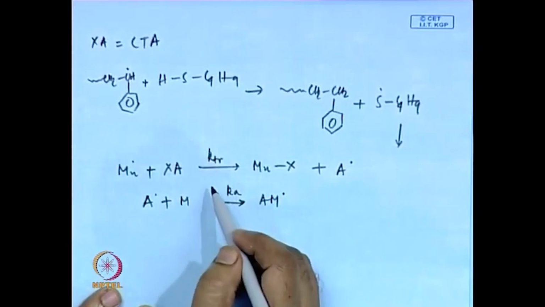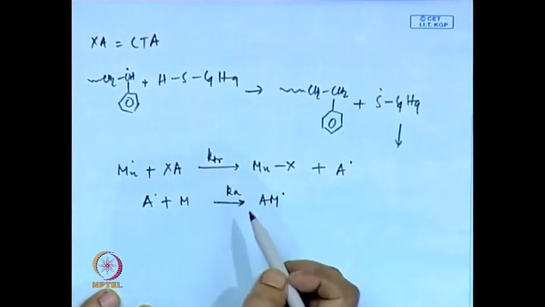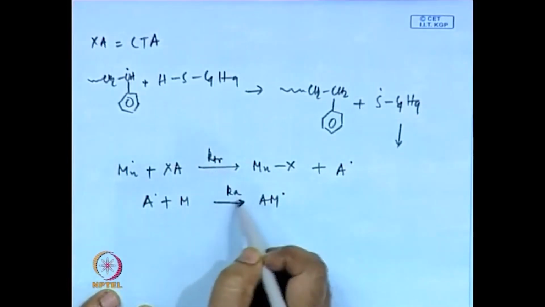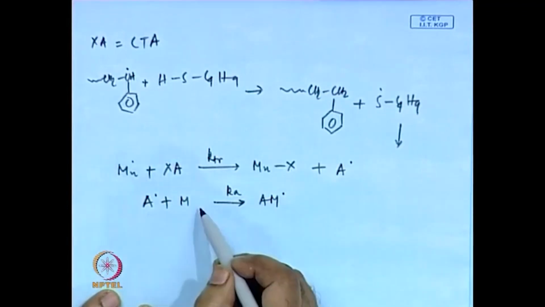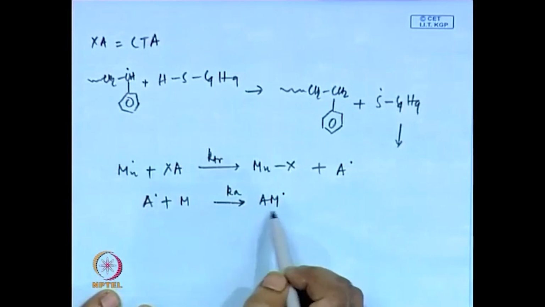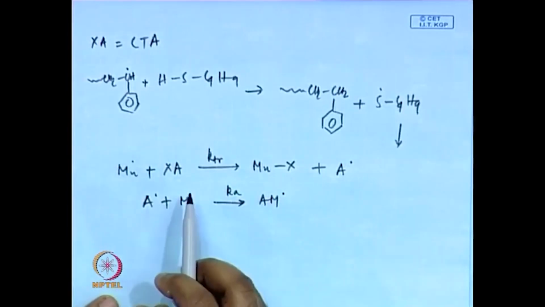This is the rate constant for transfer reaction and this is the rate constant for the subsequent initiation and propagation reaction with the A dot molecule.